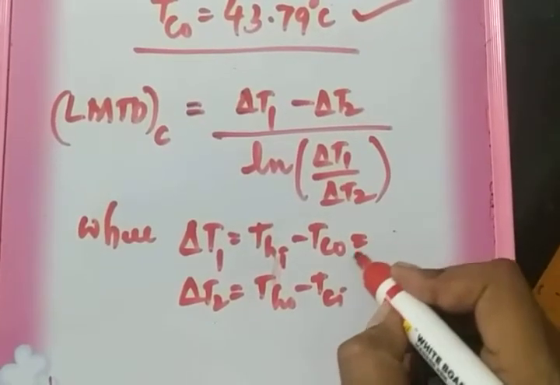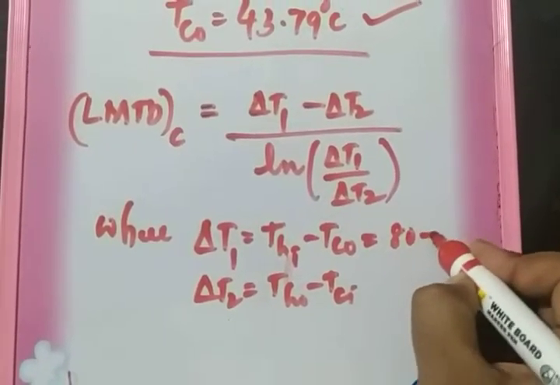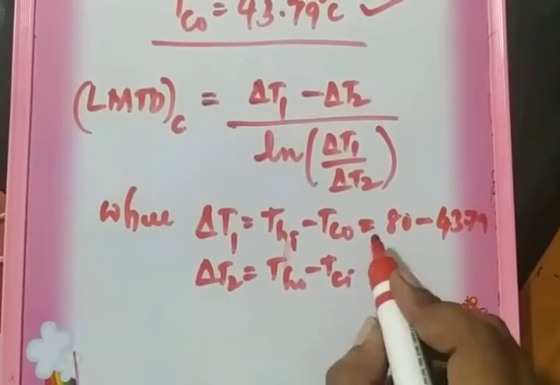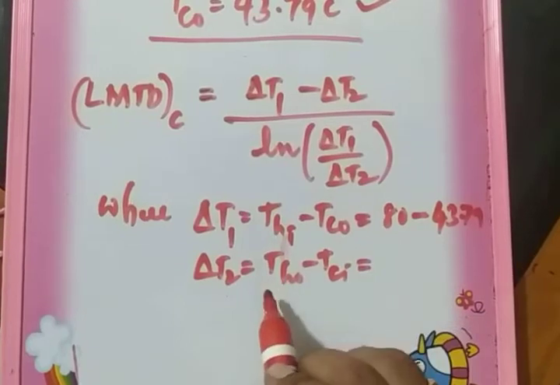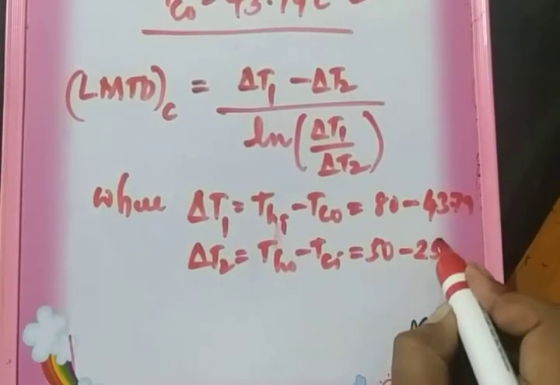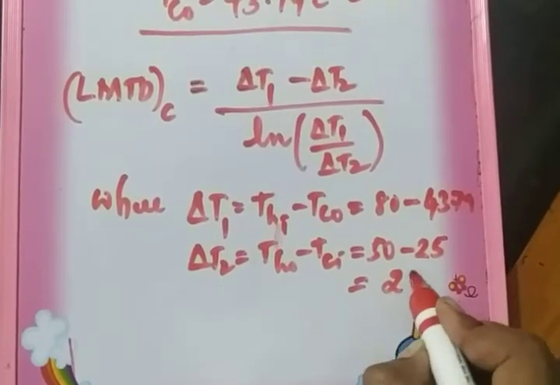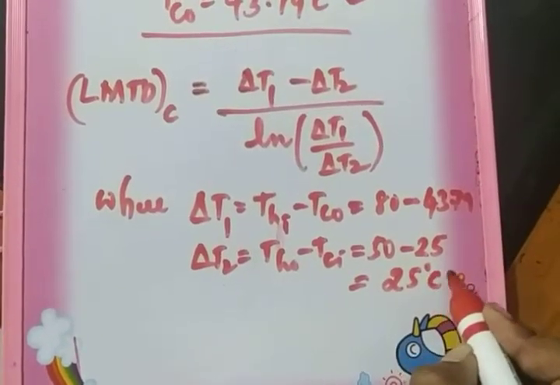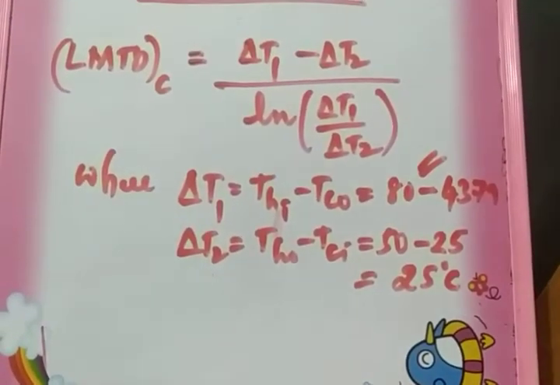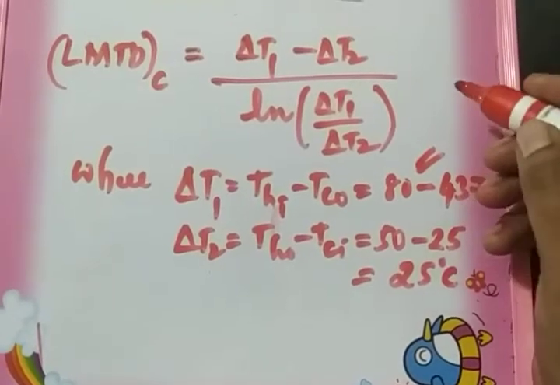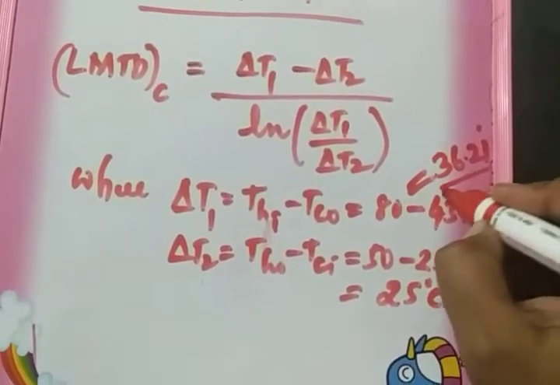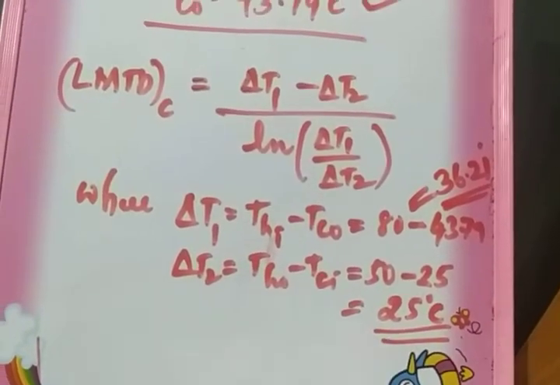THI is 80 degrees Celsius and TCO is obtained as 43.79. THO is 50 degrees Celsius and TCI is 25 degrees Celsius. So delta T2 is 25 and delta T1 comes out to be 36.21 degrees Celsius. So delta T1 and delta T2 are obtained.